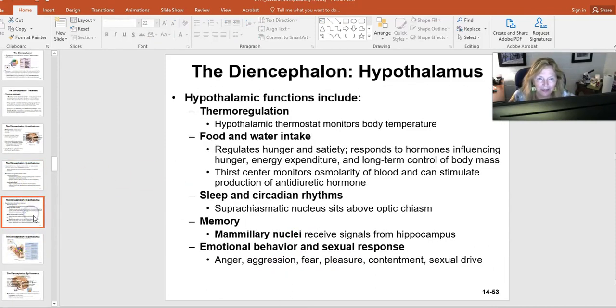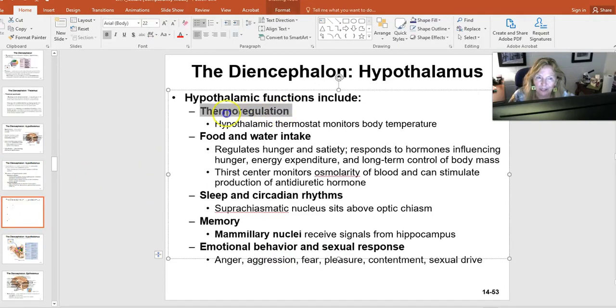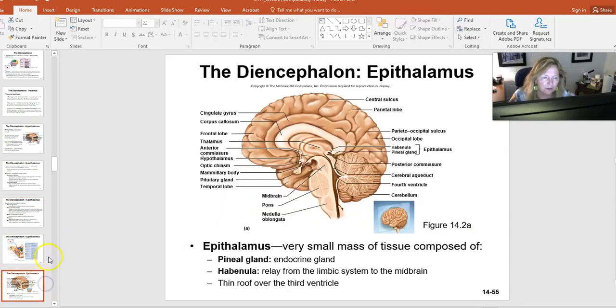The hypothalamus is responsible for regulating your temperatures, whether you're hungry, whether you are thirsty, whether you are feeling full, sleep, circadian rhythms, memory, so many different things. So that is the hypothalamus.